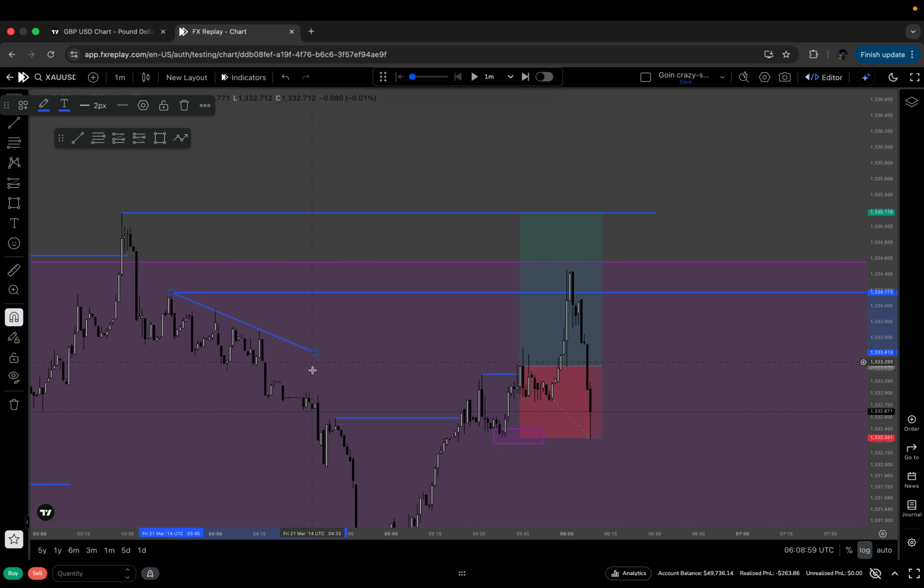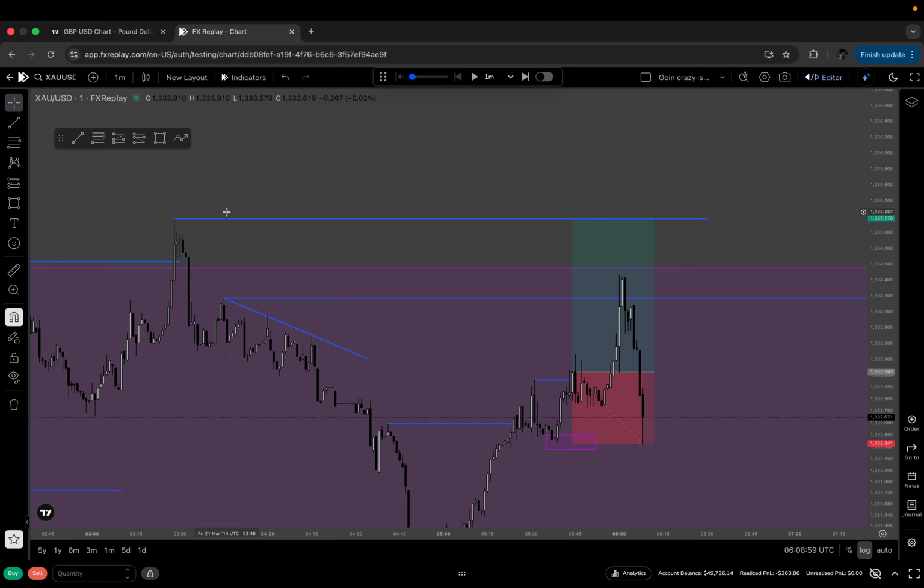which is here. And these were the highs. You could say it's semi-protected, but it's definitely an external draw. Internal draws got taken out. This is external.